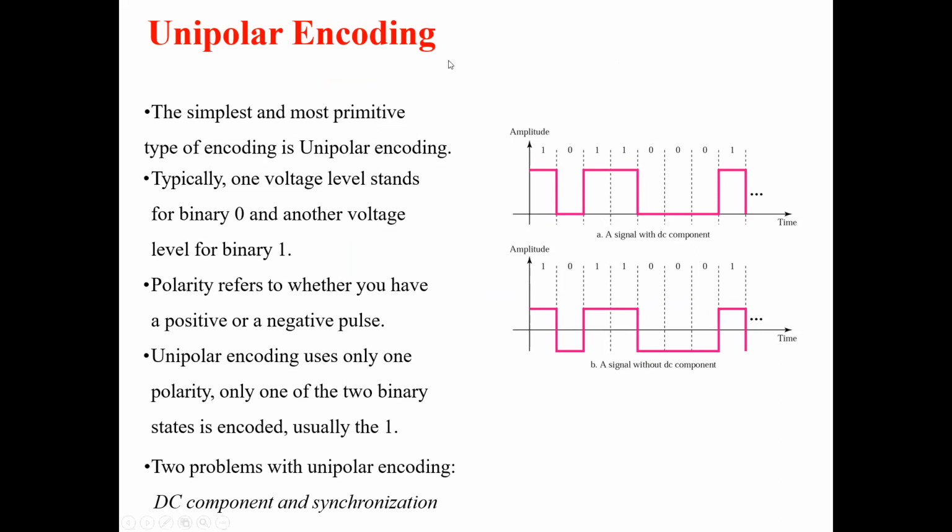In digital transmission, what we have learned is that digital to digital means we are sending voltage pulses over a medium such as a wire. Typically one voltage level stands for binary 0 and another voltage level for binary 1. Polarity refers to whether you have a positive or negative pulse.